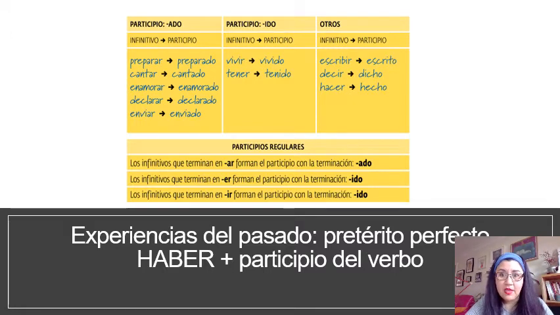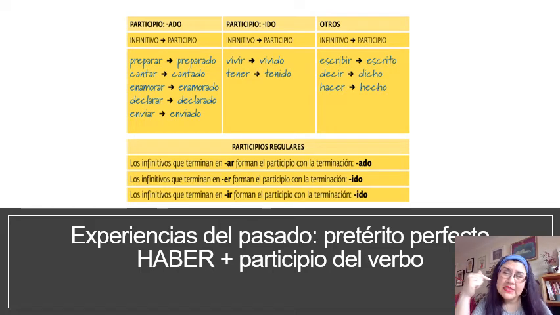The third column will be your challenge, because we need to identify which verbs fall in this group. We have, for example, escribir. It's an ir ending verb. So based on the previous column, you can think escribir, escribido. Well, no, it's escrito. That's it. Learn by heart. Decir, also ending in ir.